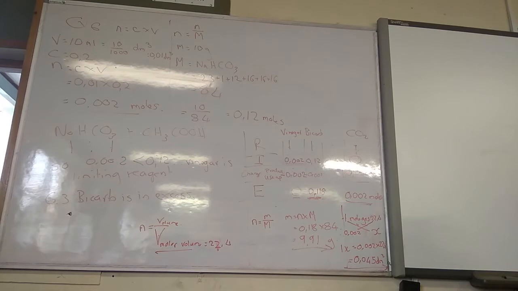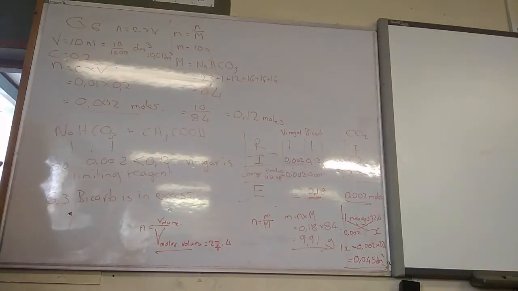It's very convenient that all gases occupy the same volume, which you haven't learnt about this year because we've skipped gases. But that's all you need to know about gases: a mole of any gas occupies that at STP, standard temperature and pressure.